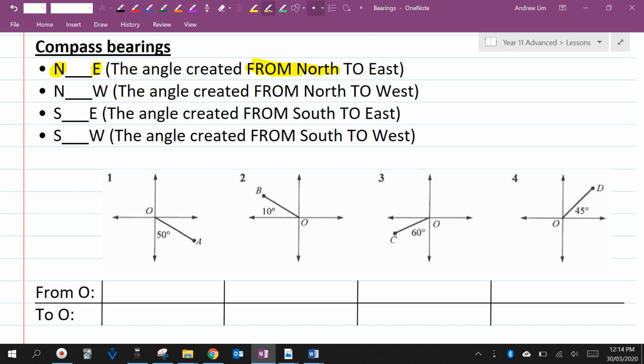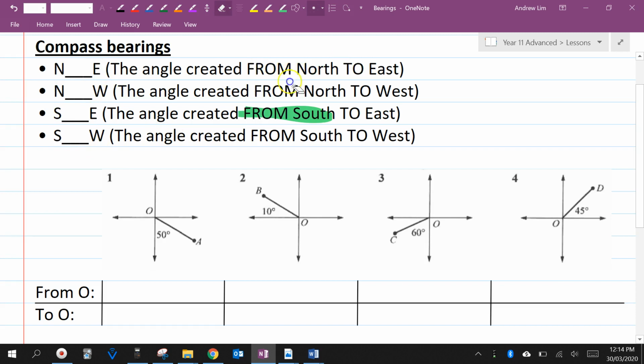North to west is the angle created from north to west, because we start at north and then we're going west. From south to east, the angle created from south, we start at south to east. And the last one, south to west.